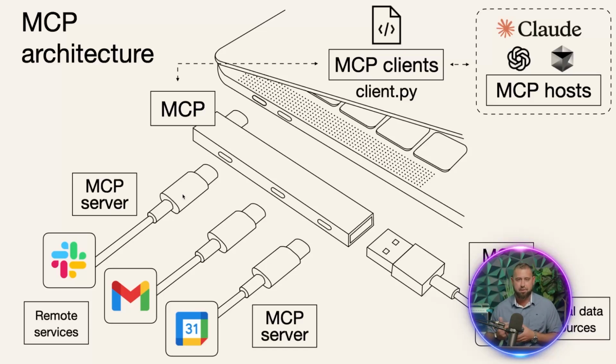I think Microsoft has announced this as well. But think about it like a USB-C being plugged into your chat server, right? I don't think OpenAI or ChatGPT supports it yet. Claude is the most widely used one.